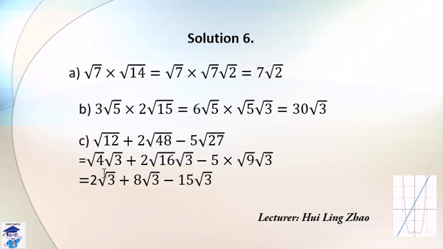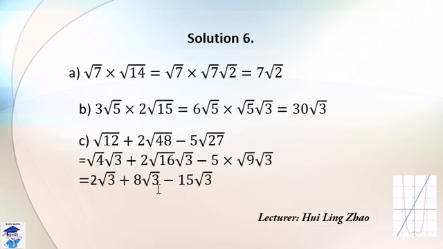So next, the first term is 2 times the square root of 3, because the square root of 4 equals 2. The middle term is the square root of 16, which is 4, so 2 times 4 is 8, giving 8 times the square root of 3. The last term, the square root of 9 is 3, and 3 times 5 is 15.